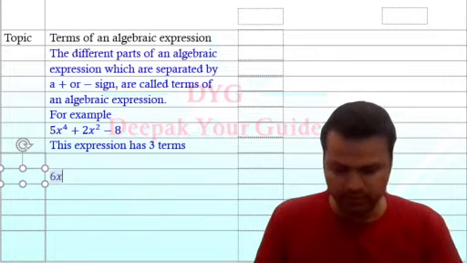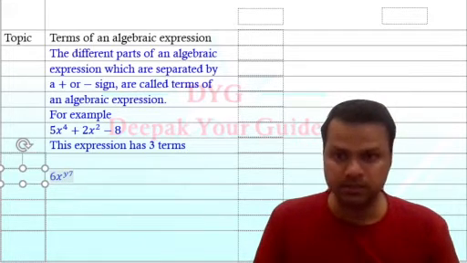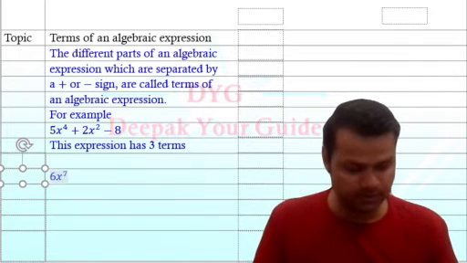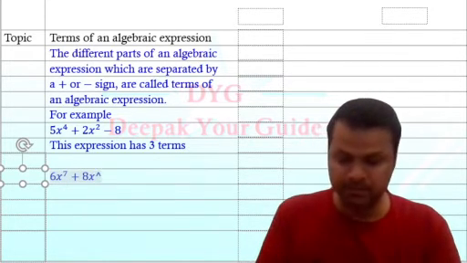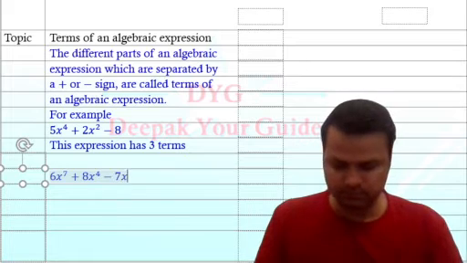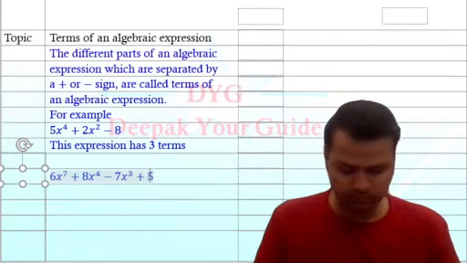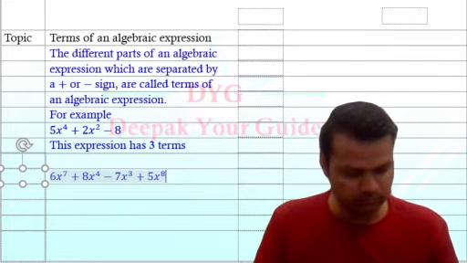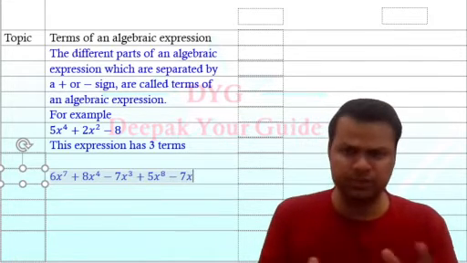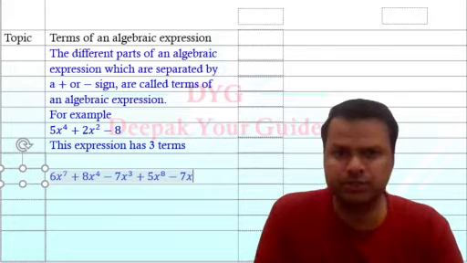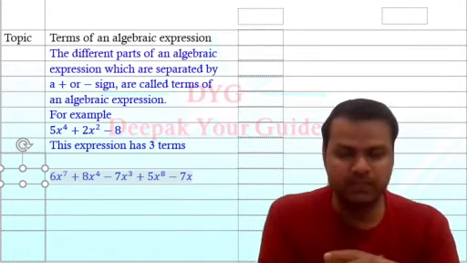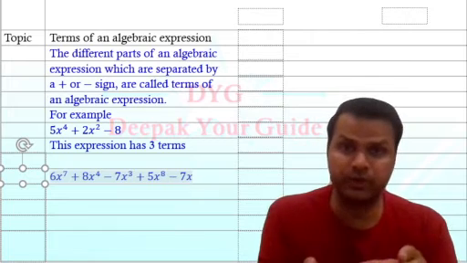So let's say now we have this, just a random example which I'm writing here. Now if you want, you can pause the video for a second or two and try answering this question.